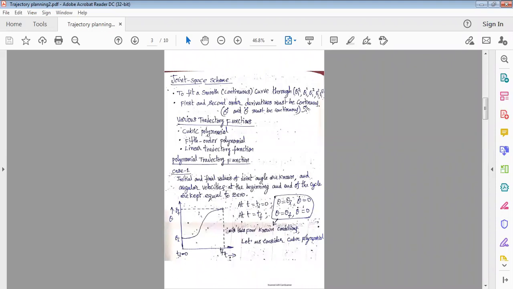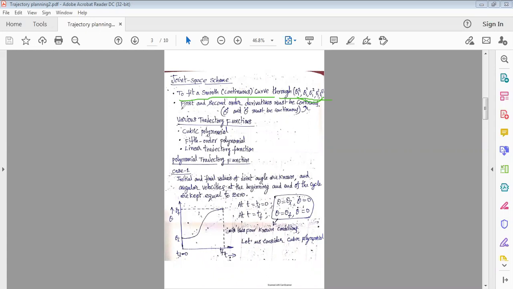This joint space trajectory is to fit a smooth curve through the joint angles theta 1, theta 2, theta 3, up to theta G. With this, the end effector can travel in a smooth curve.